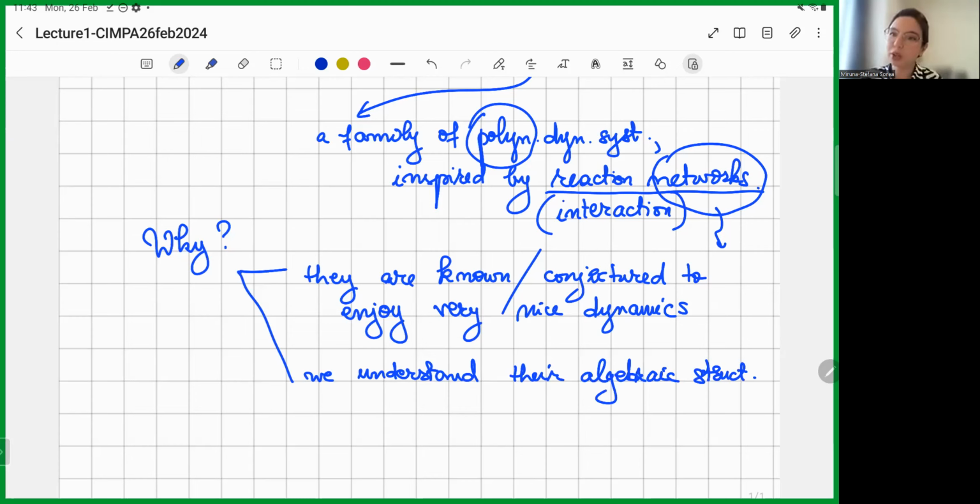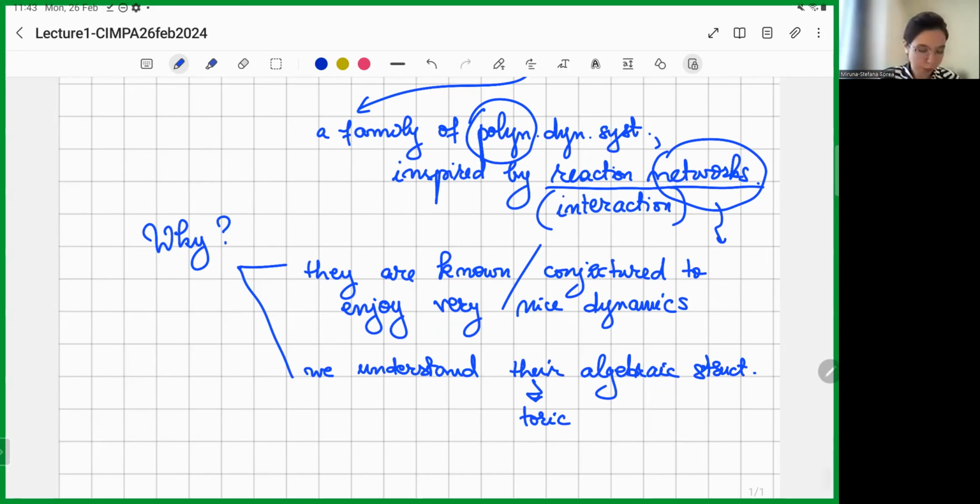So under some algebraic conditions, we can deduce there is some nice property of their dynamics and so on. Just to understand, this is the reason why they are called toric. We'll see.